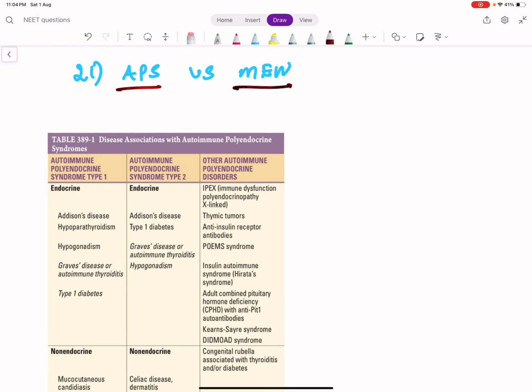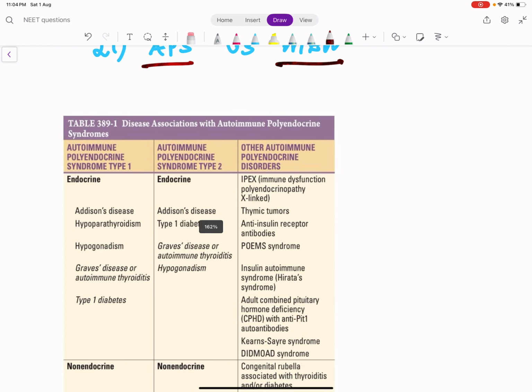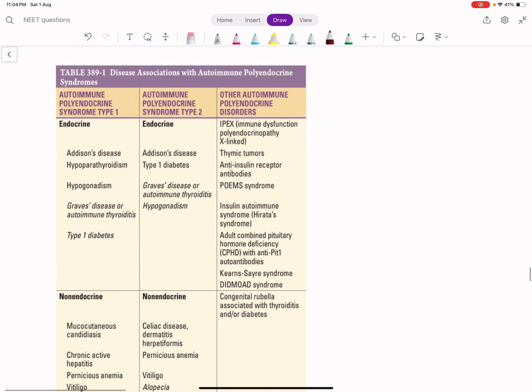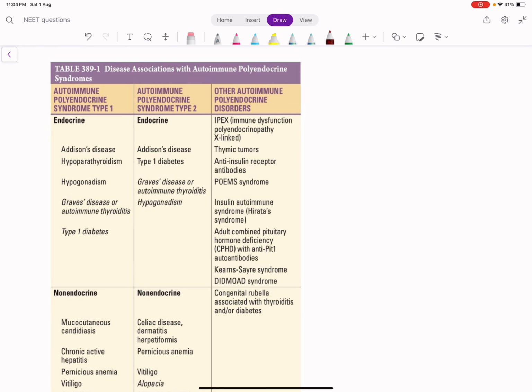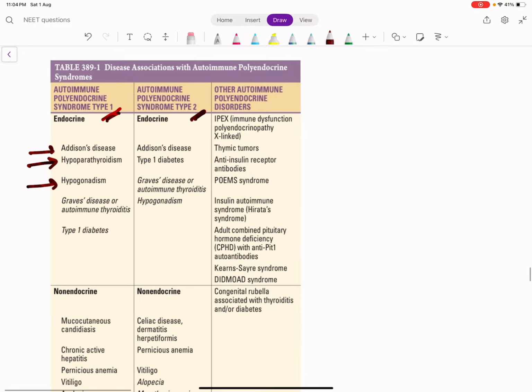Till now we discussed separate hormone excesses and separate hormone deficiencies. Suppose there are some conditions where hormone deficiencies occur together. That is due to autoimmune conditions. So there are two of them. One is autoimmune polyendocrine syndrome type 1, the other is autoimmune polyendocrine syndrome type 2. See here, Addison's, that is cortisol deficiency, hypoparathyroidism, hypogonadism, Graves' disease, type 1 DM.